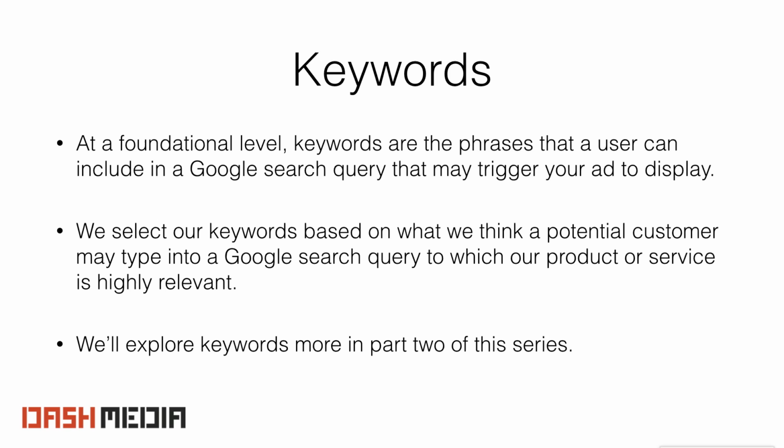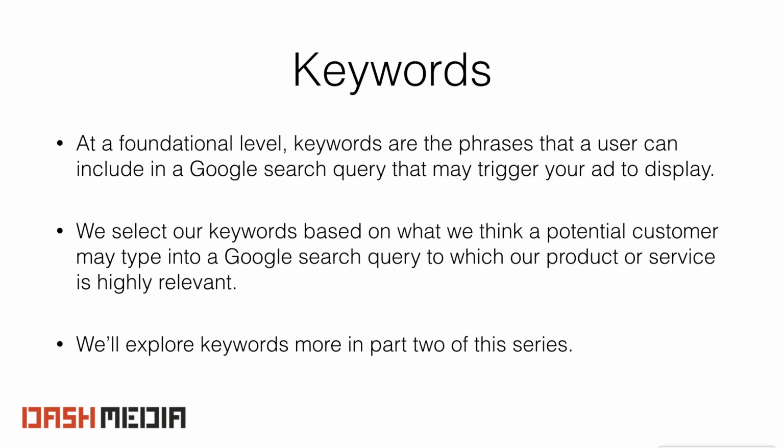But what I want you to take away from this is to really wrap your head around the concept that keywords are the phrases that a user can include in a Google search query that may trigger your ad to display. A recurring theme that we'll see throughout the series is that we need to be thinking about everything we do from the point of view of our audience, what they might type into Google, what they're looking for, what are the terms that they use.